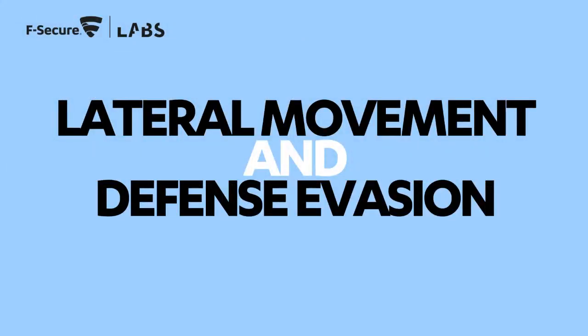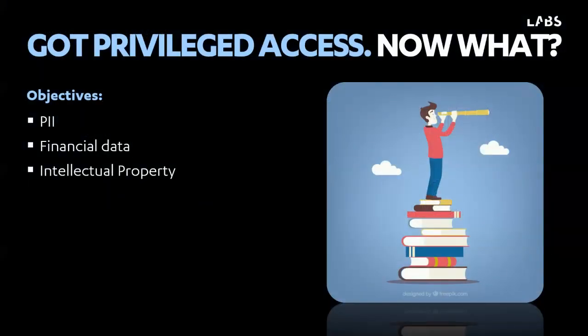Right, so we're moving closer to achieving our objective. To be able to do that, we'll explore moving laterally onto a resource that has the specific information that we want to get. But more broadly, let's just look at some of the objectives a malicious user might have.